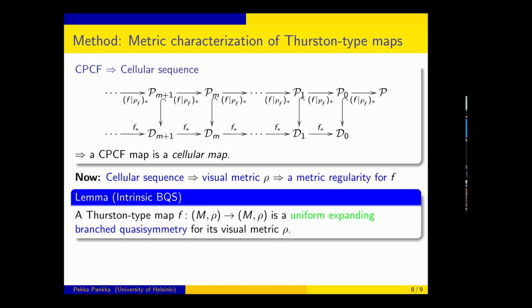Then the cellular sequence gives you this type of shrinking decompositions, where the mesh goes down to 0, and because you have that, you get a visual metric. Then you have a metric regularity for these maps, which is this branch quasisymmetric condition. And this is somehow the first step where we really use the structure of the map.